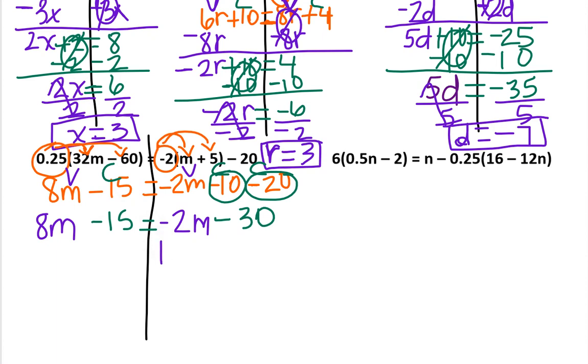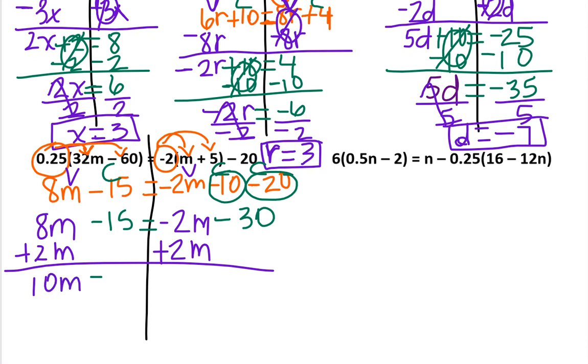This time I need to add. And when I add, I get a positive 10m on the left. I bring down this minus 15 is equal to, this becomes a 0 pair, negative 30.